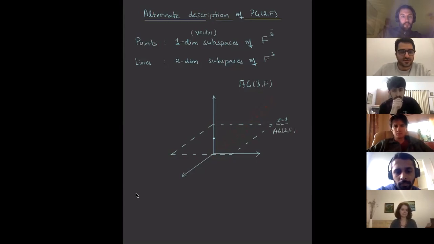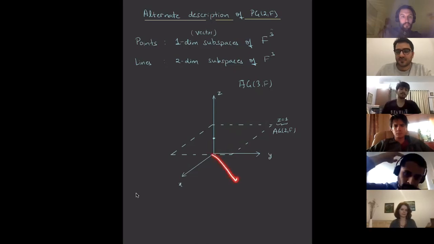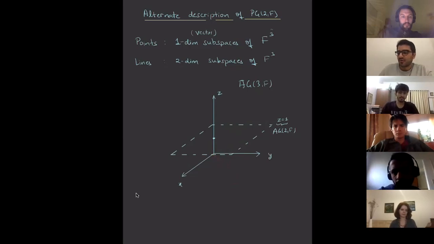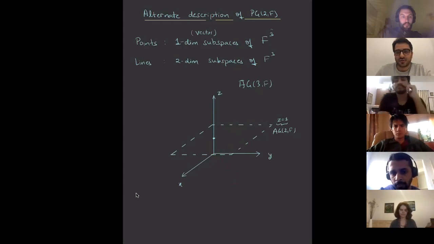And every one-dimensional space intersects this in a unique point, except for some one-dimensional spaces. If you take any line which is in the xy plane, so let's say this is x, y, z, then it won't meet the z equal to 1 plane, but everything else meets it. So all the one-dimensional subspaces not lying in this xy plane give you points of AG(2, F).